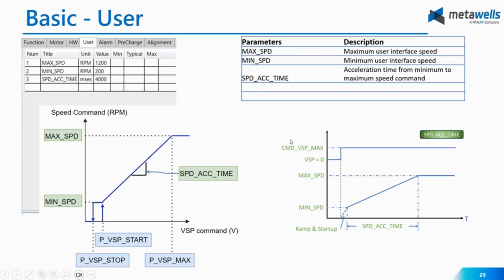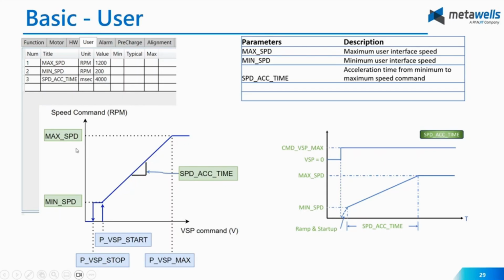This page is a user page for setting the maxima and the minima values of the command input, as well as the acceleration time from the maxima to the minima to maxima command. So let's see this diagram.